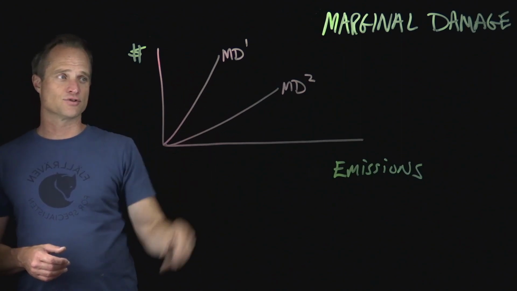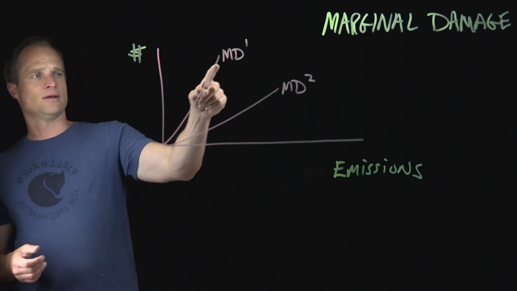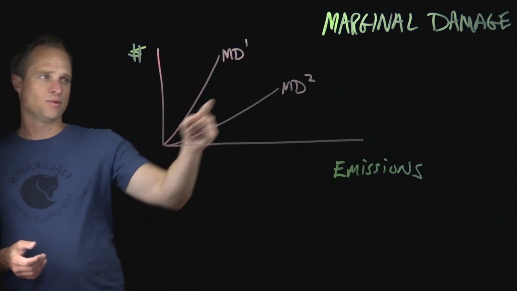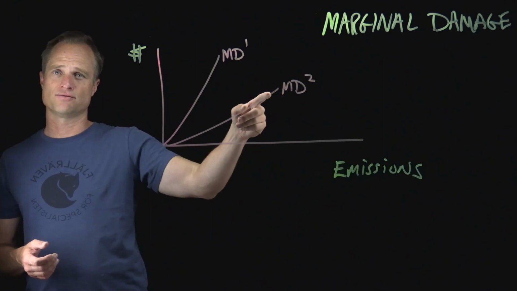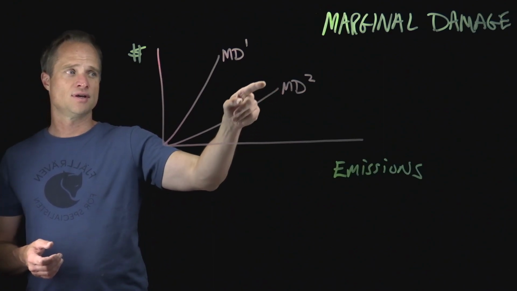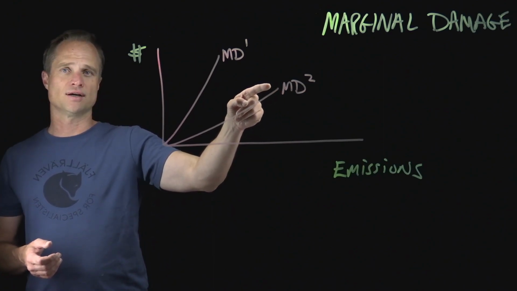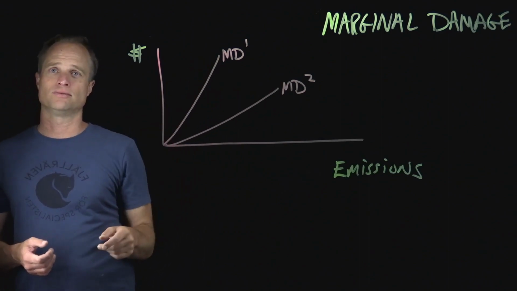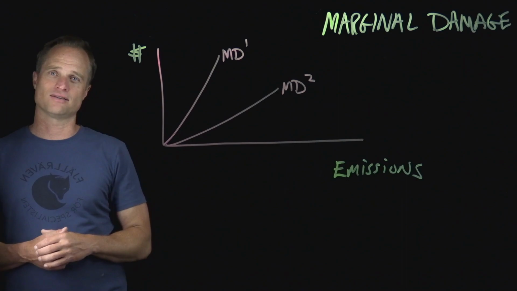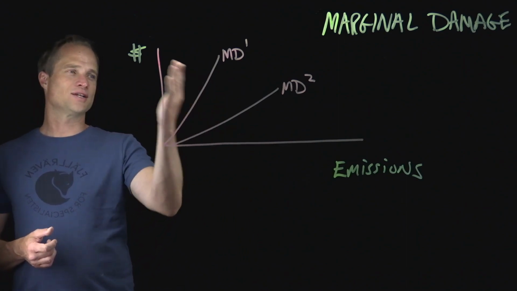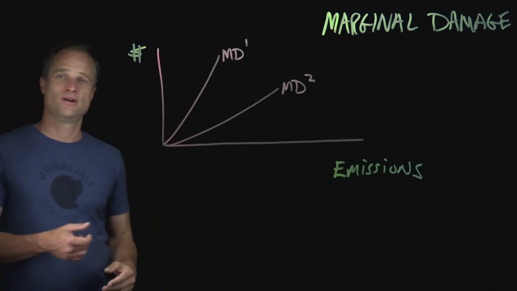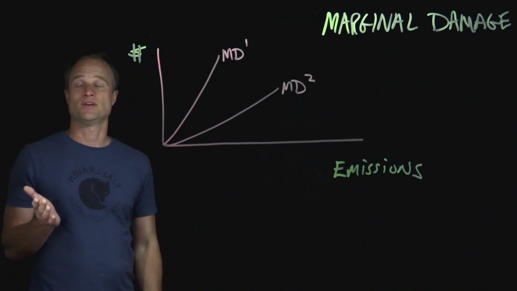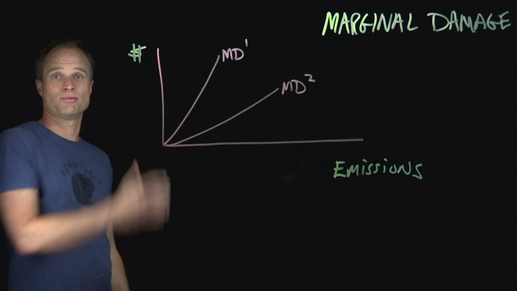What could account for those two different curves? Well, this could be the damages imposed in an urban area, and this could be the damages from the same sulfur dioxide emissions, but to a more rural area. The reason is just that there are more people suffering those negative externalities. So if you're trying to think of what changes the marginal damage curve, one is the damage per person, how damaging is pollution, but also how many people are there?